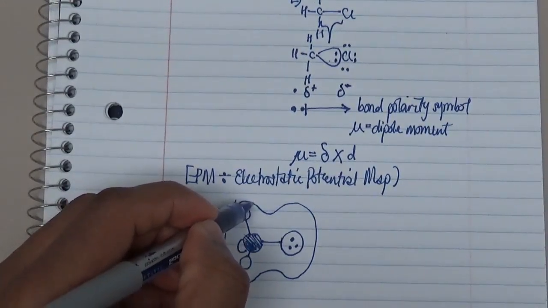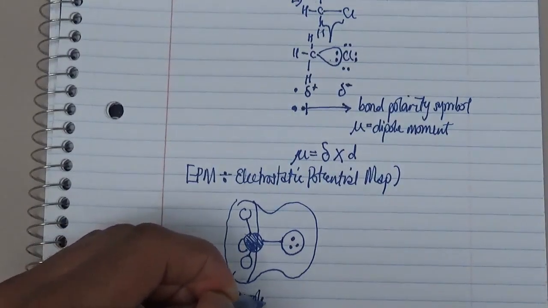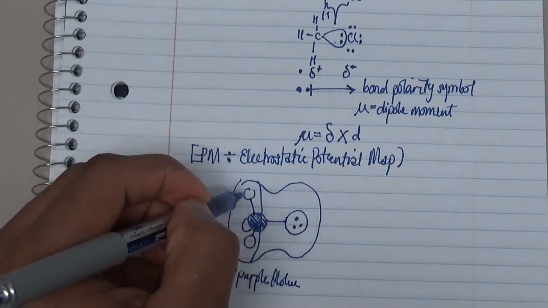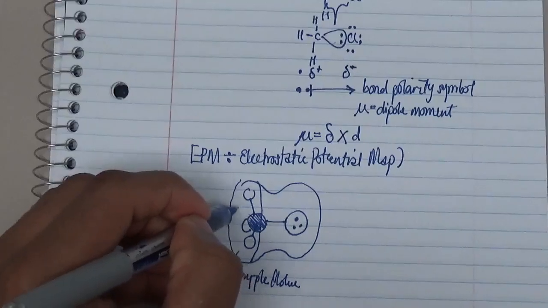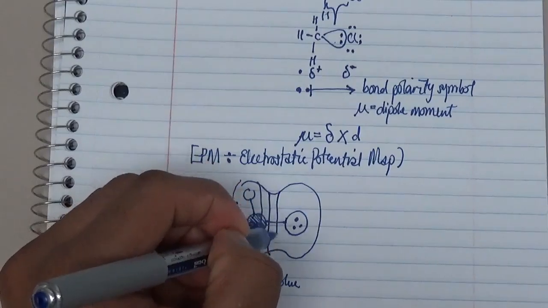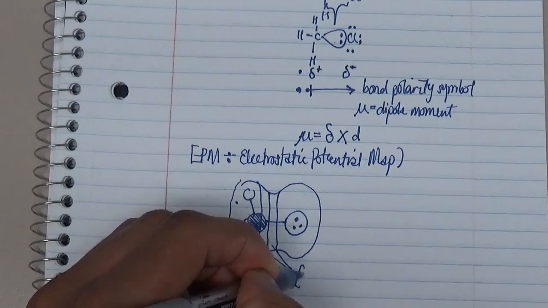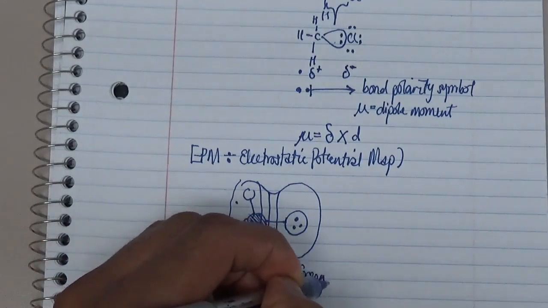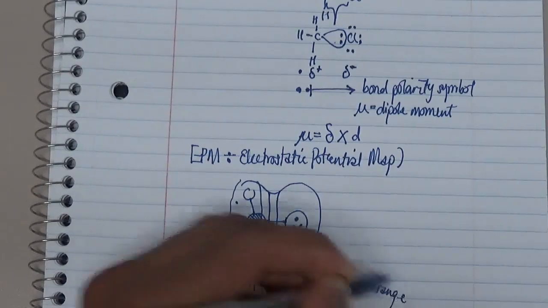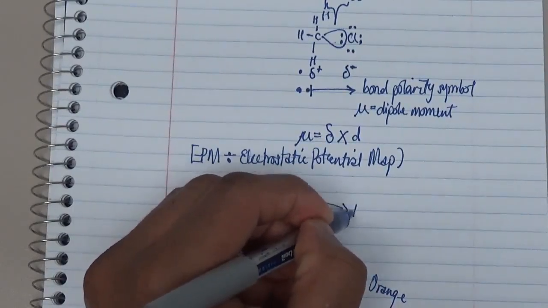In this case we have this region which is purple to blue, then this region over here is also purple to blue, then this region I would say is between green to yellow to orange, and while this region over here is red.